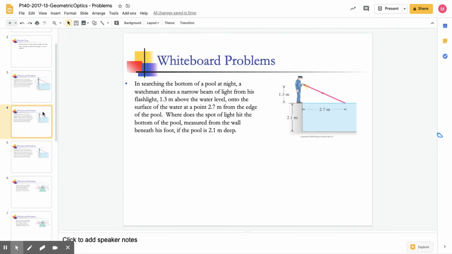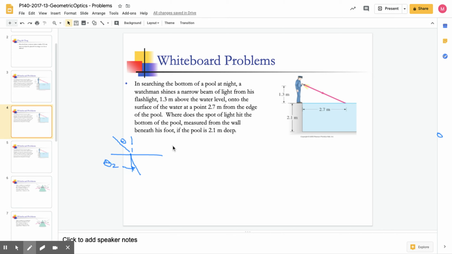In order to find theta 2, we've got our normal, we know this is our theta 1, and right in here is our theta 2.